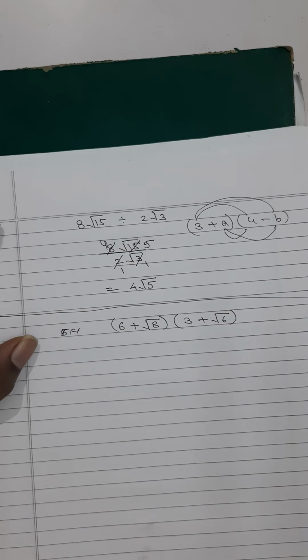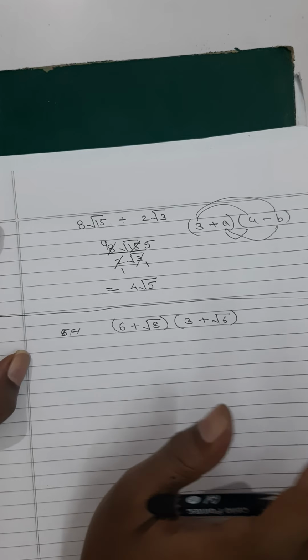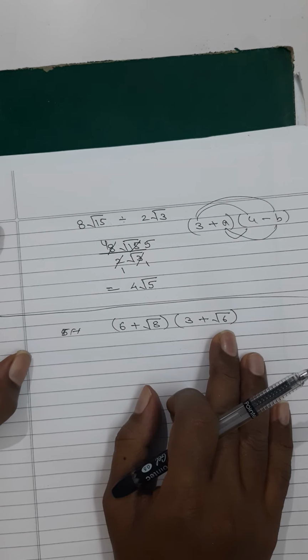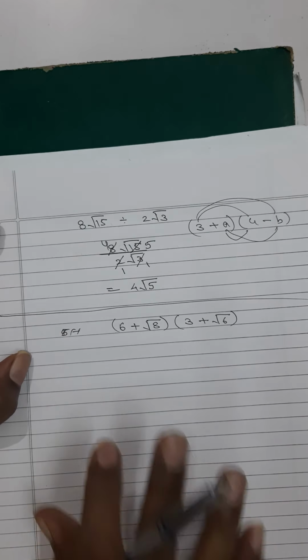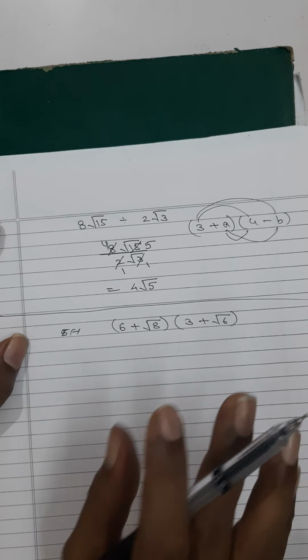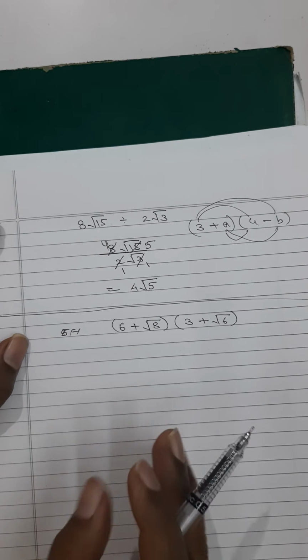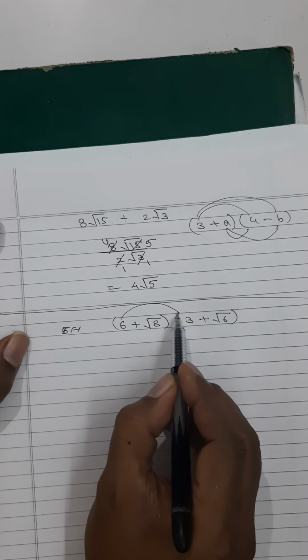Same thing you are going to do over here. 6 will multiply with both. Of course, first multiply the signs. Because all the signs are plus over here, life is very easy. You don't have to bother much. Everywhere plus is there, but still you should always visualize everything, imagine everything. That should be your character. So plus plus, so I am going to multiply this.